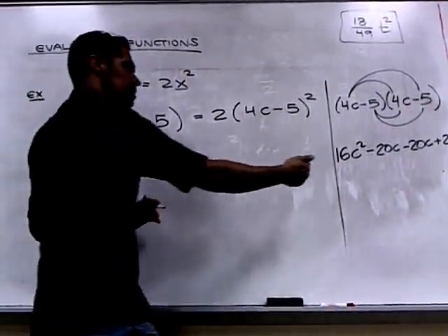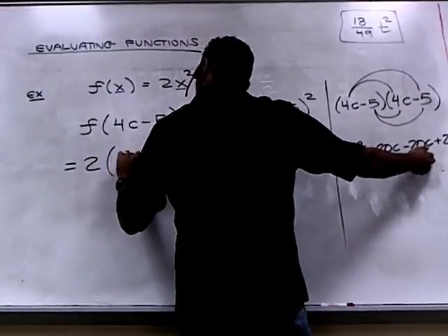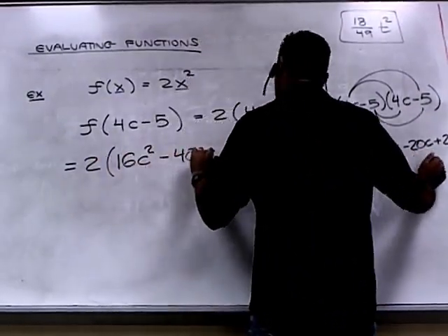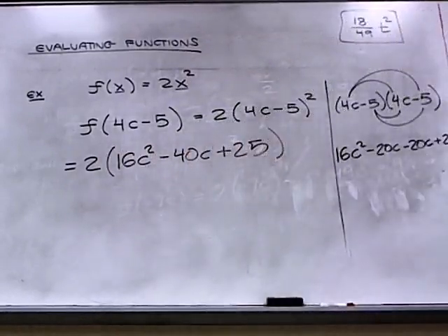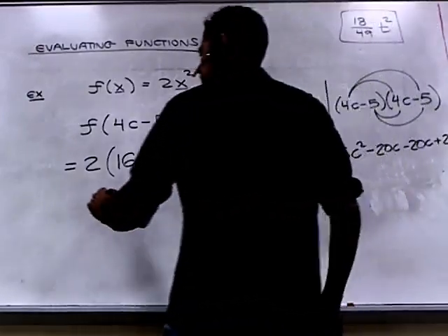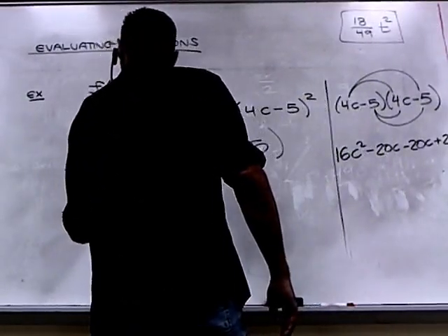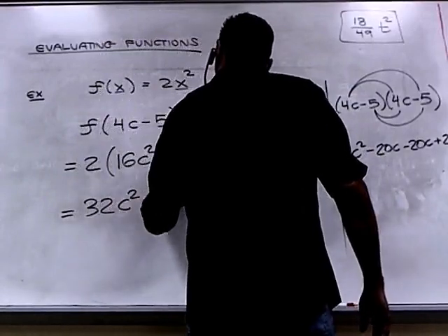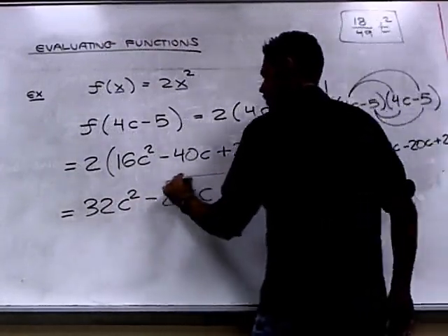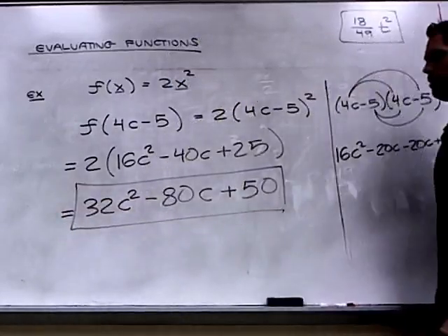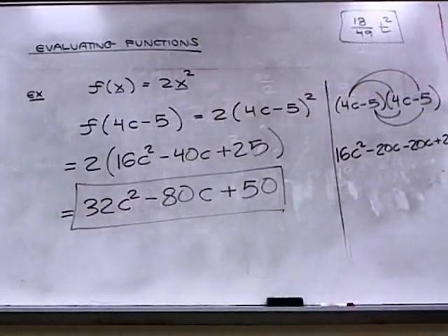But let me just write down what this is first. 16c squared minus 40c plus 25. And then come through with a 2. 32c squared minus 80c plus 50. That's what we get.